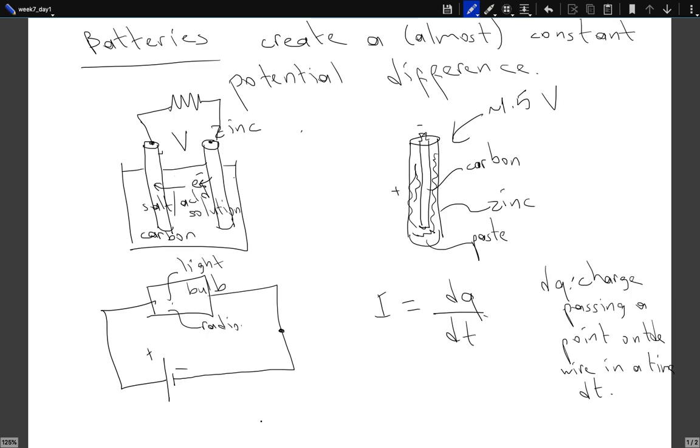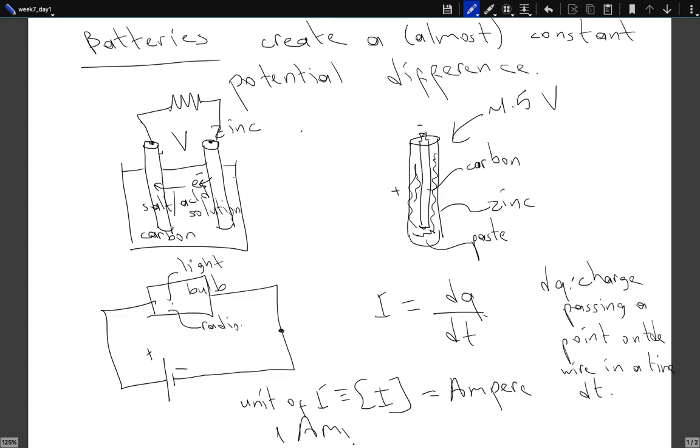And the unit of current, well, it's usually denoted by these square brackets, is ampere.